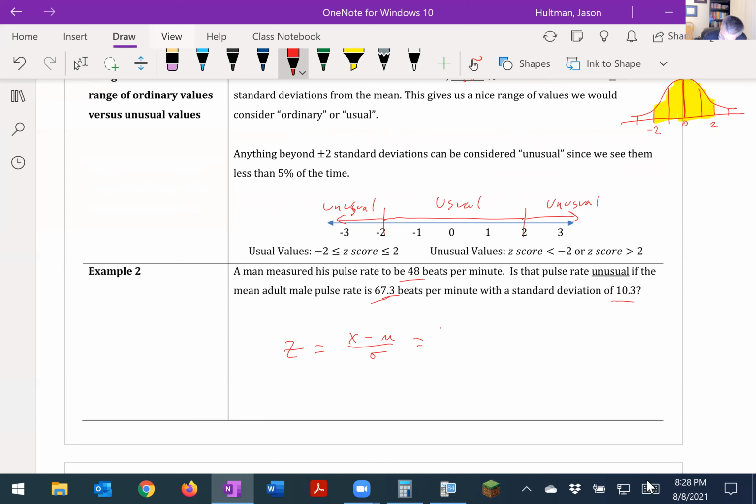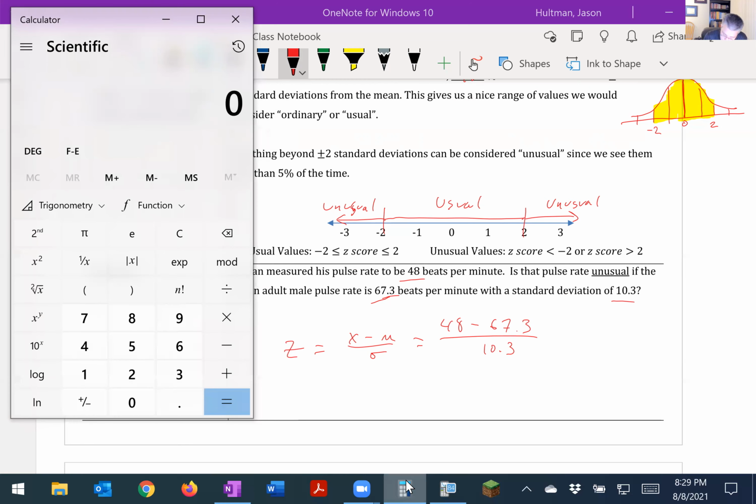So this equals 47 minus 67.3 over 10.3. Let's plug that into our calculator. 47 minus 67.3.